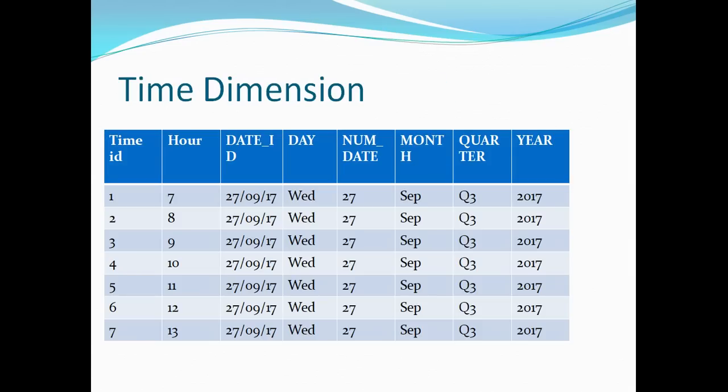So if we quickly recap what we have learned for star schema: the fact table is surrounded by a bunch of dimension tables. It has foreign keys of all the dimension tables, with a bunch of measures. The dimension tables are denormalized, because of which they are redundant.